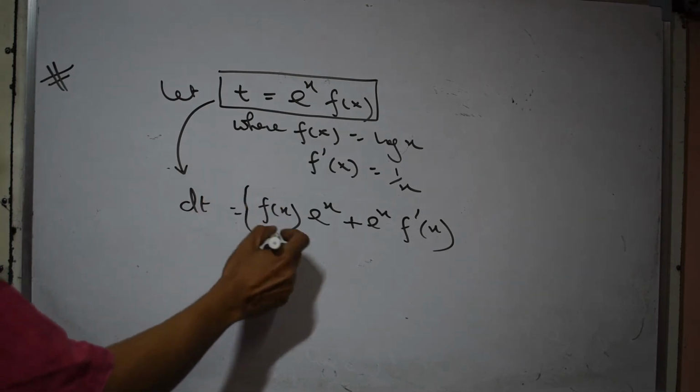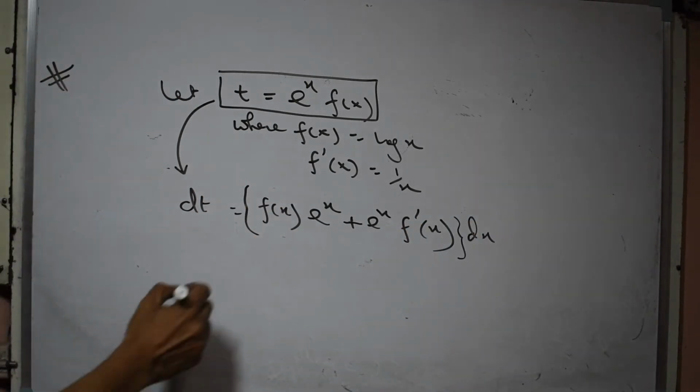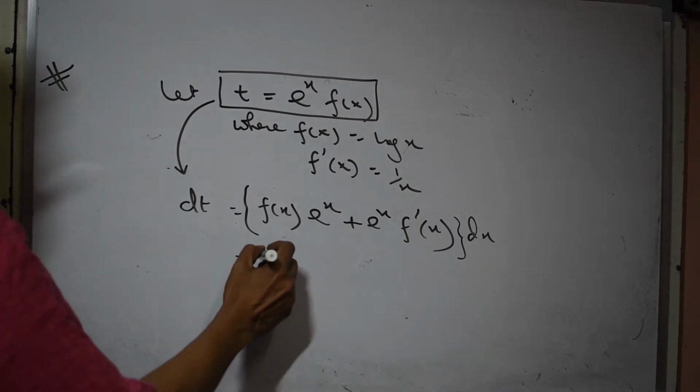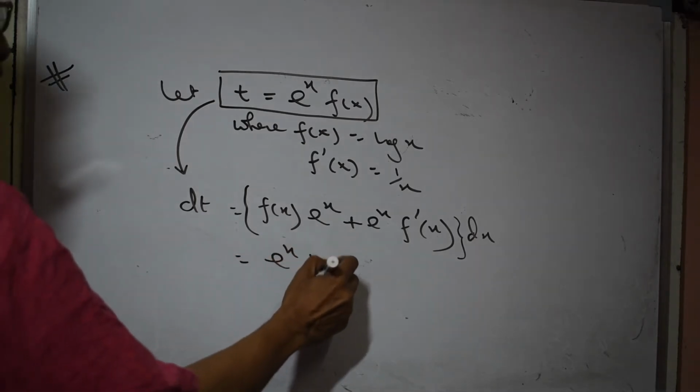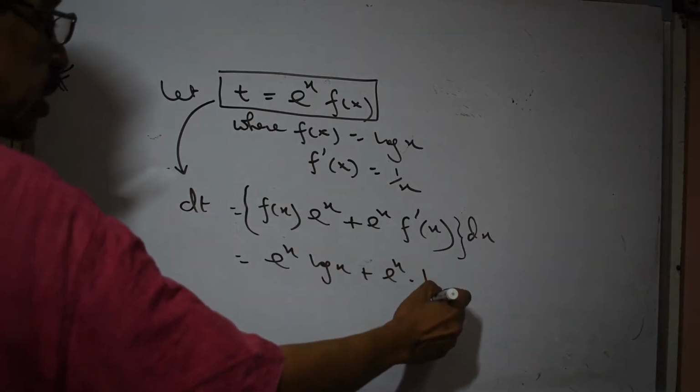This part is multiplied with dx because we are differentiating with x. So that is e to the power x into log x, because f(x) is log x, plus e to the power x into 1 by x.